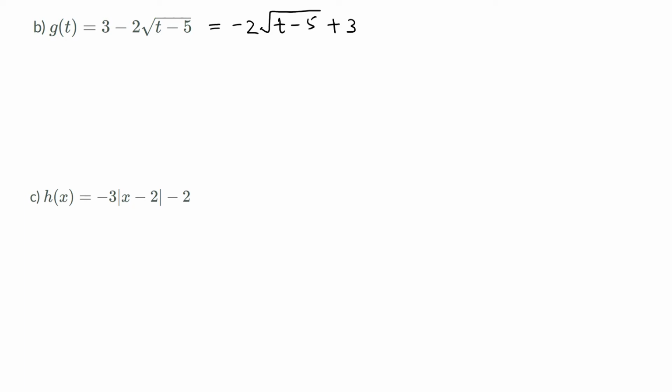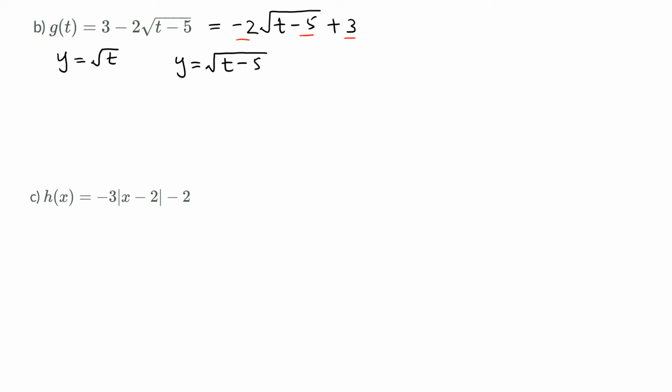Now let's start with the basic function. If you remove those constants, you end up with the square root of t function. That's the parent function. So we're going to start with y equals square root of t, and then do the horizontal shift first. That means it's going to be y equals square root of (t minus 5).